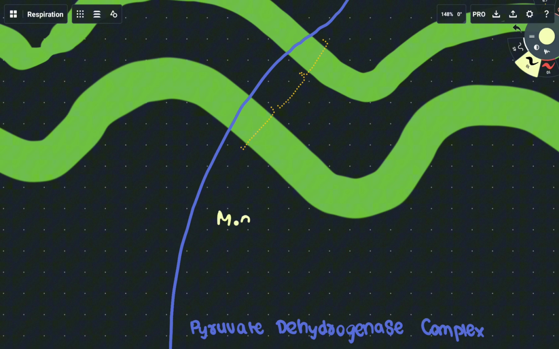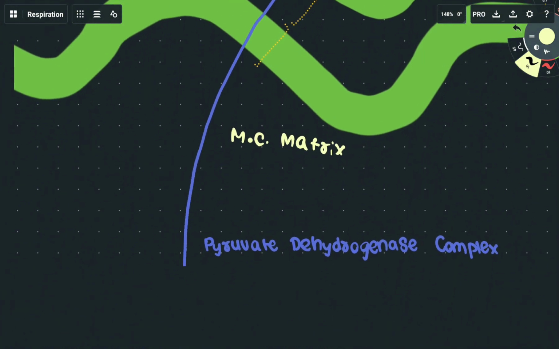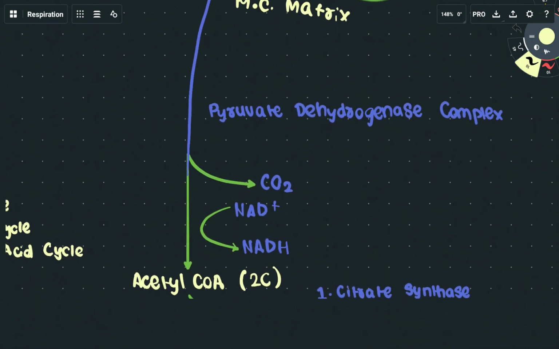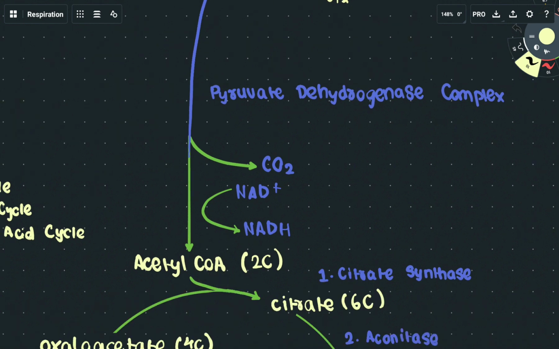So this is the mitochondrial matrix. Here it undergoes a complex. The PDC is a bunch of enzymes, that's the pyruvate dehydrogenase complex, and through this we first remove a molecule of carbon dioxide.